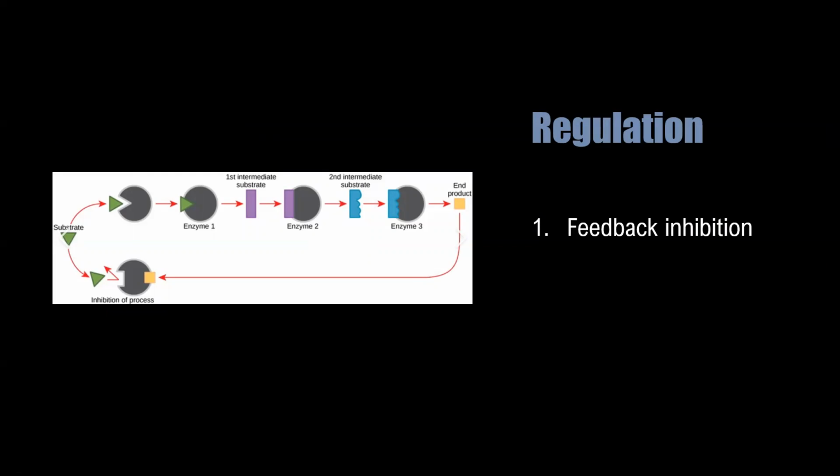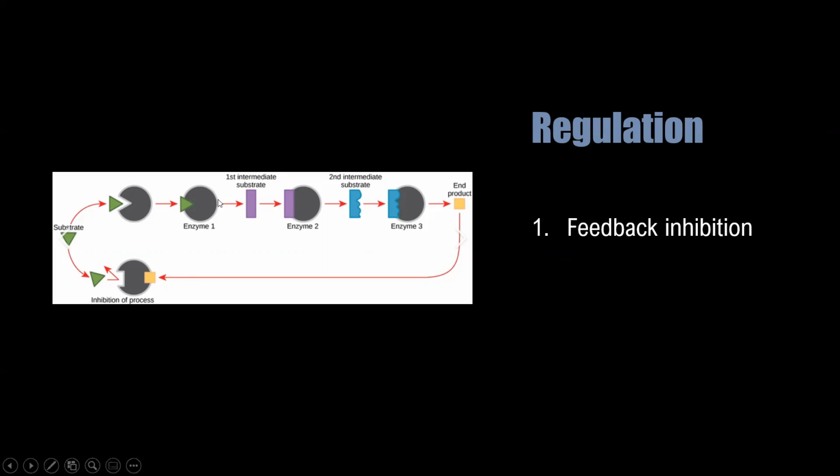Next, we move on to how enzymes are regulated. So enzymes are regulated in two ways, one of which is called feedback inhibition. So feedback inhibition occurs in the following way, where we have a series of enzymes which are interconnected together by specific intermediates.